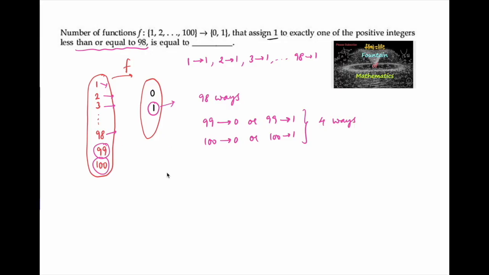So therefore the total number of functions defined from 1 to 100 to 0 to 1 with the given condition, we can write 98 into 4, that is 392. So 392 is the answer. It's a numerical type question.